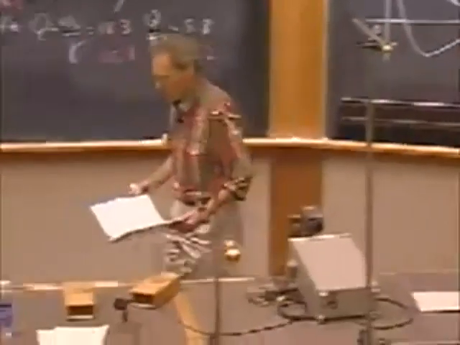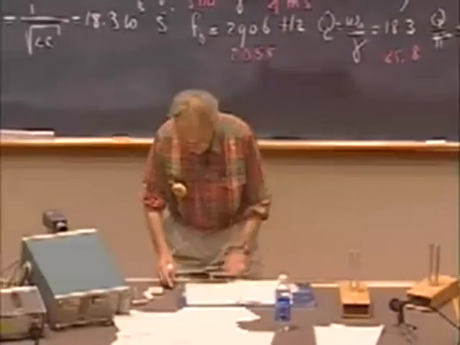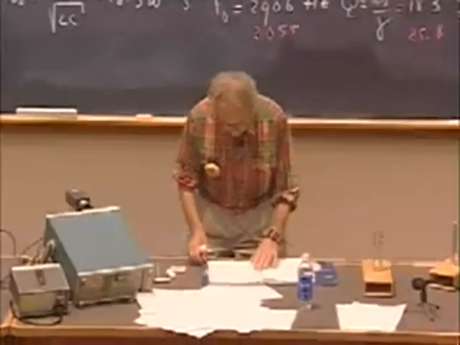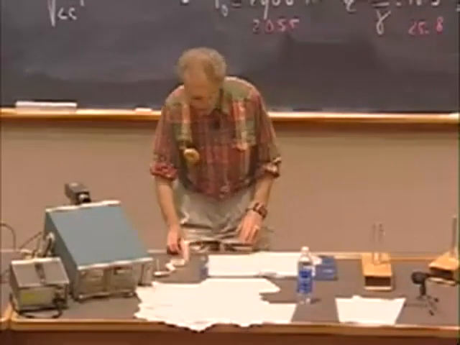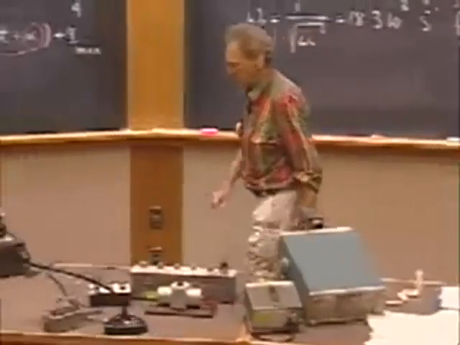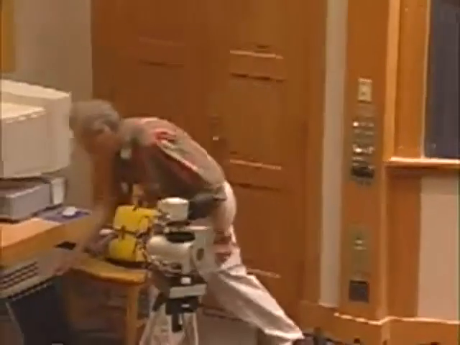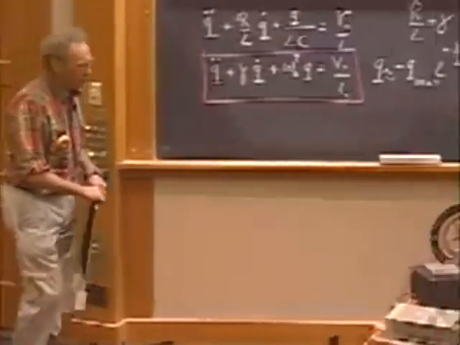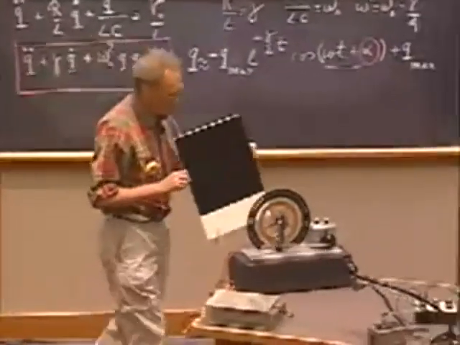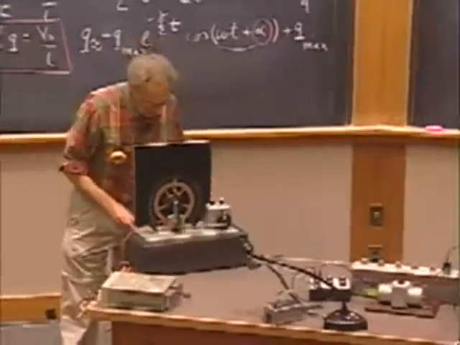So now I will show you the effect of damping in the case of a mechanical system. We have a torsional pendulum there, and the torsional pendulum has extremely high Q, very little damping.